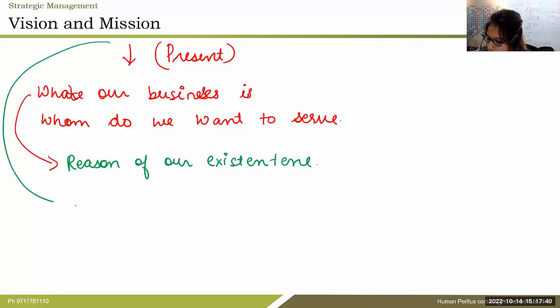Now, mission can be changed. Like I said, my vision is that I want to become a famous teacher, but as of now, my mission is to teach at a coaching center.